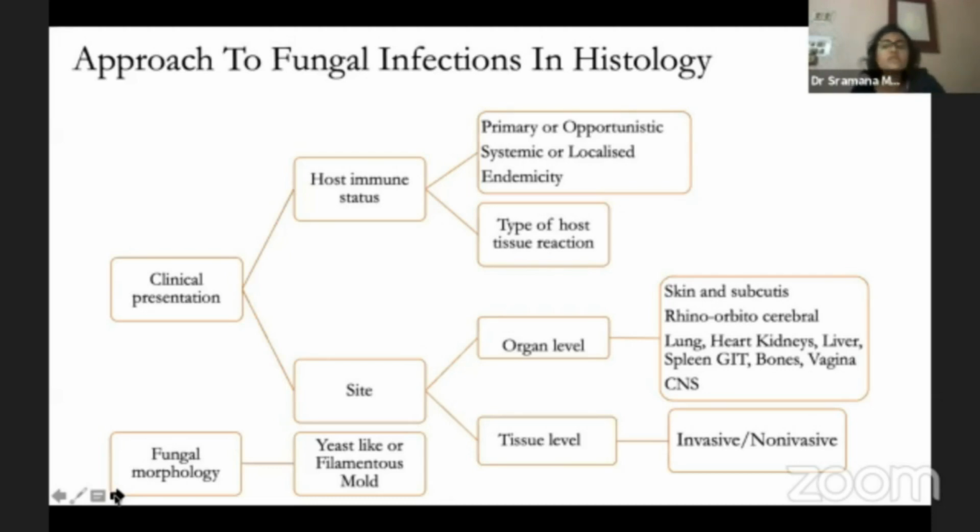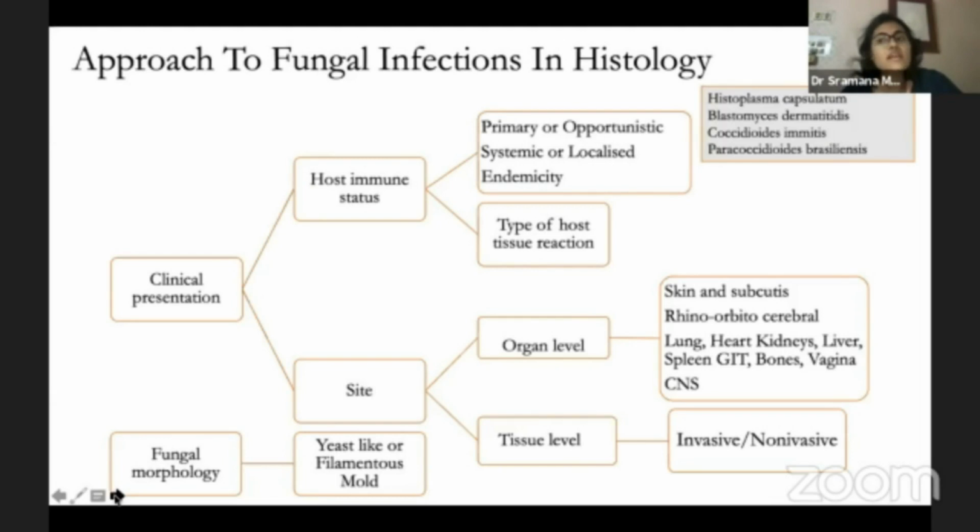Now think about an immunocompetent person. If he gets infected with fungus, then most likely it will be a primary pathogen like Histoplasma capsulatum, Blastomyces, Coccidioides, or Paracoccidioides.